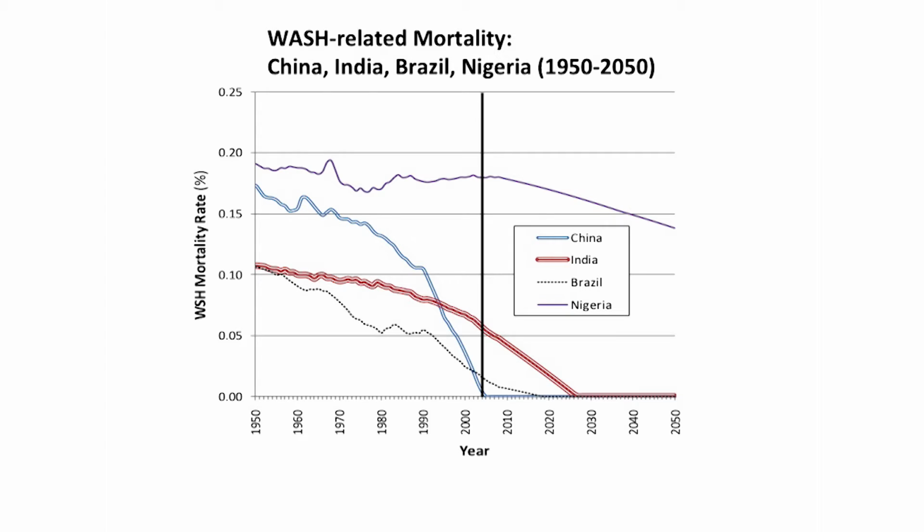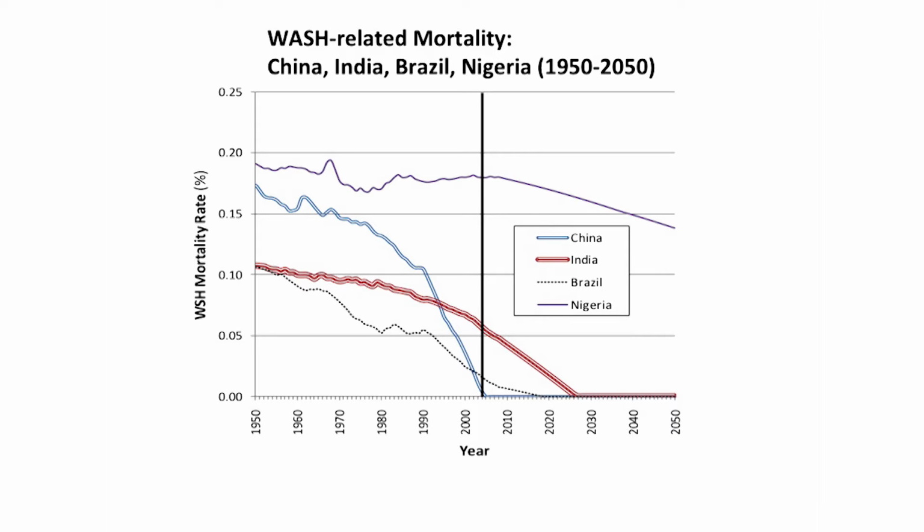This next slide shows WASH-related mortality in China, India, Brazil, and Nigeria. So what we've done here in the simulation is to translate these forecasts of coverage into the forecast of WASH-related mortality rates, and then in the next slides I'll show you WASH-related deaths. So this slide shows WASH-related mortality rates, and you can see in Brazil and China, WASH-related mortality has actually collapsed already.